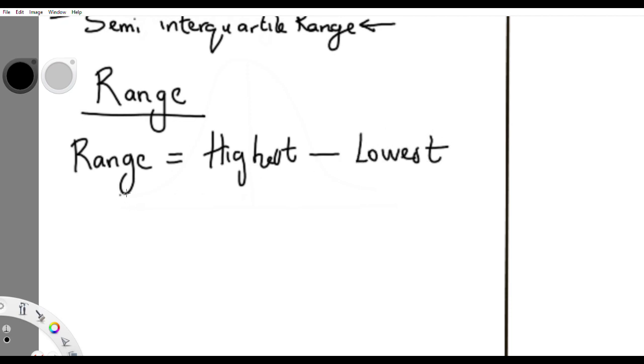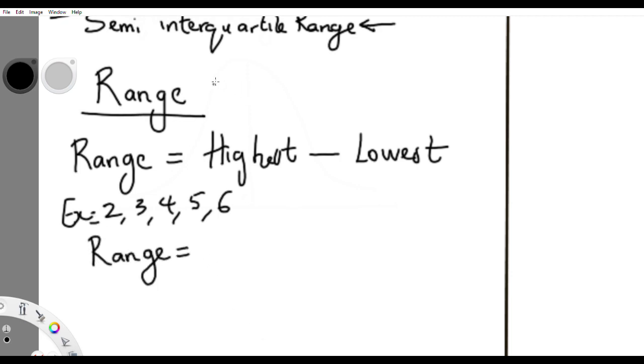So let's take our distribution 2, 3, 4, 5, 6 as example. You are told to find the range of this distribution. All you just need to do is pick the highest, pick the lowest, then subtract. As simple as that. You've gotten range.